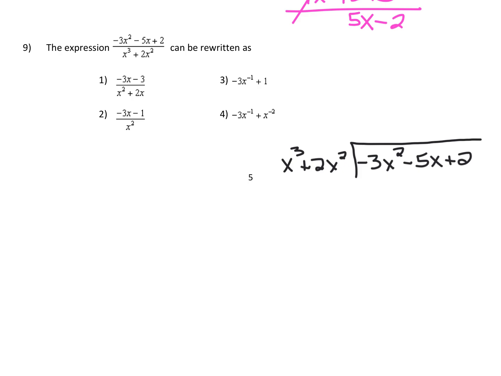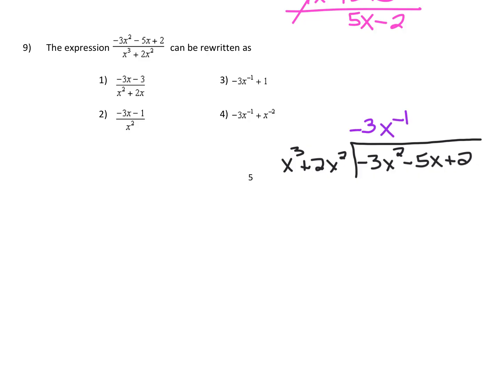This one's a little harder because if you notice, the exponent on the outside is actually smaller than the exponent on the inside. So if you think about what we need to multiply x cubed by to give us negative 3x squared, it's actually going to bring negative exponents into it because we need to multiply that by negative 3x to the negative first.